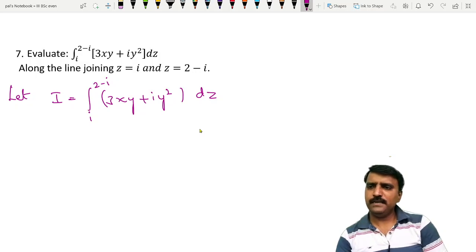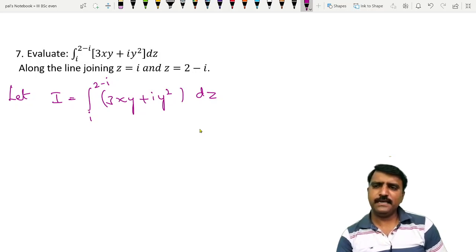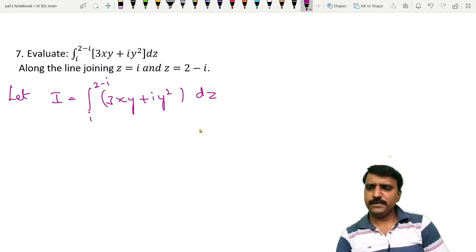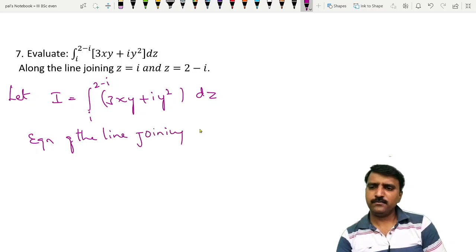So it is along the line joining from here. C is the line joining z is equal to i to z is equal to 2 minus i. So write those points, the equation of the line joining the point (0, 1) to (2, minus 1).